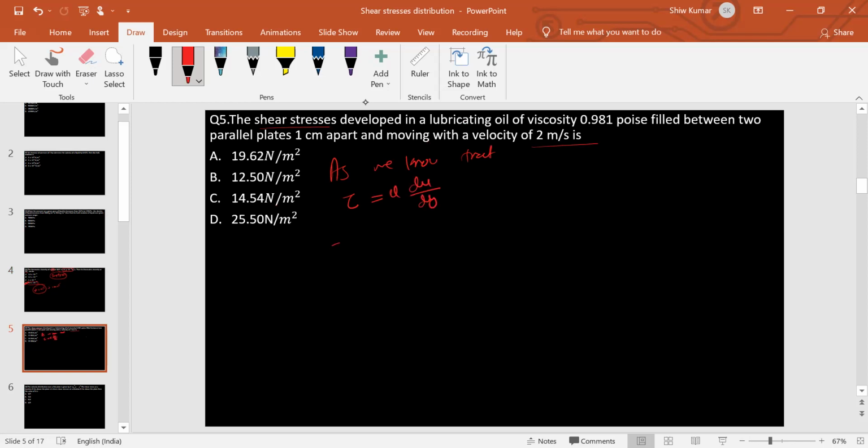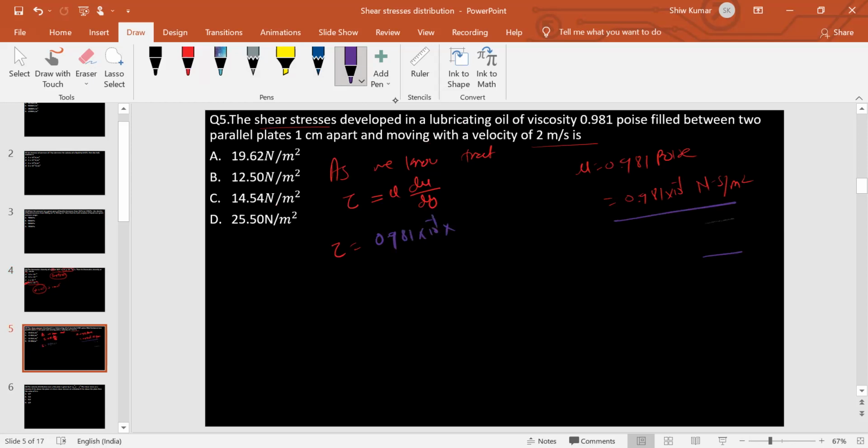So shear stress is tau, and mu is given here as 0.981 poise. Writing it in standard units, it is 0.981 into 10 raised to minus 1 Newton second per meter square. So use it here, and the velocity is given as 2 meters per second.